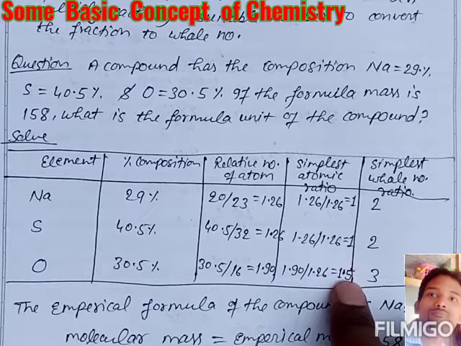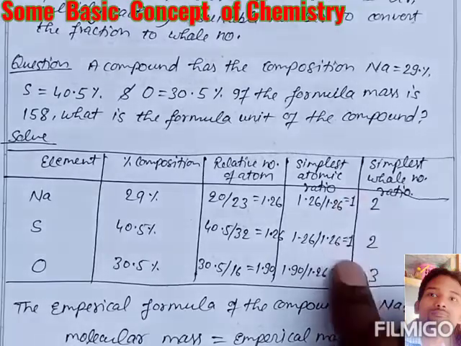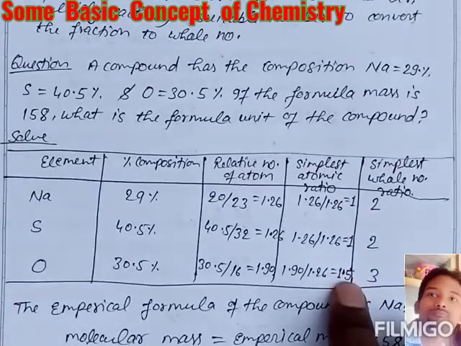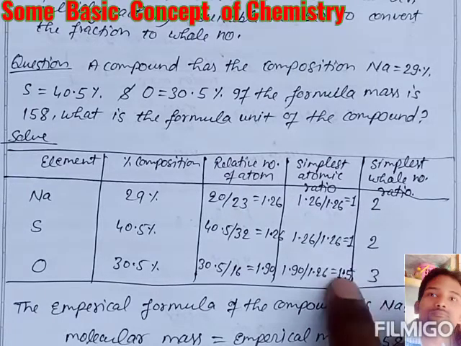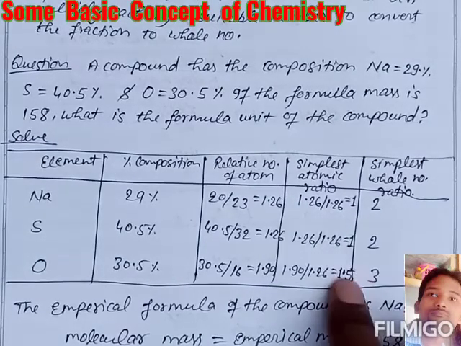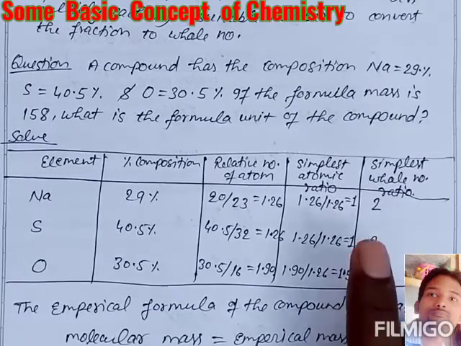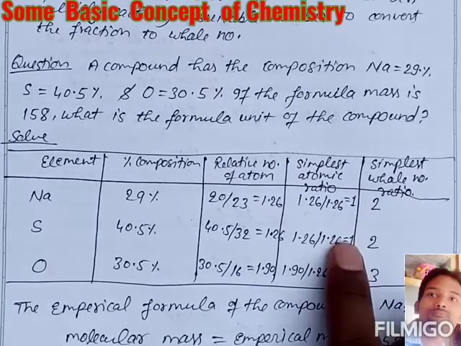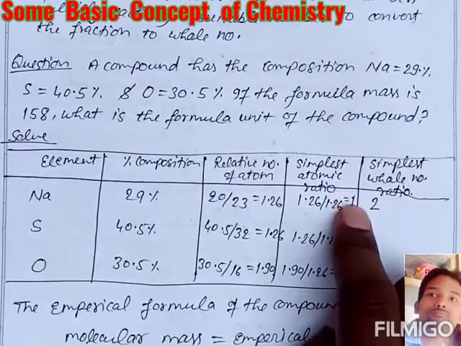Only when the result comes as a fraction, then to change it to a whole number you multiply by a suitable number. So 1.5 multiplied by 2 gives 3, which is a suitable whole number. So you multiply 1 by 2, 1 by 2 and 1.5 by 2.